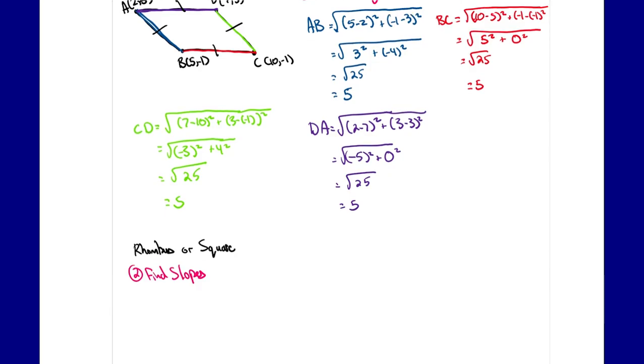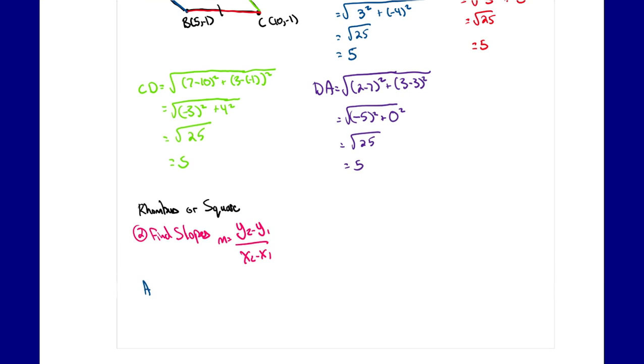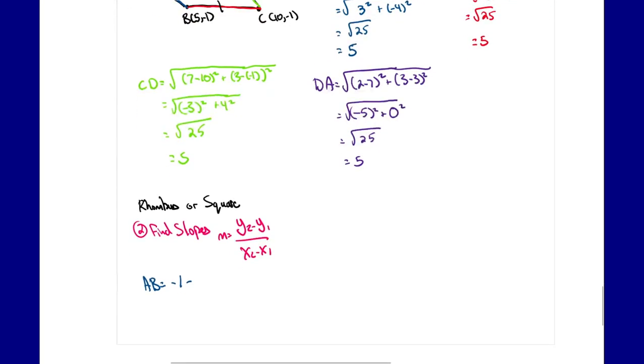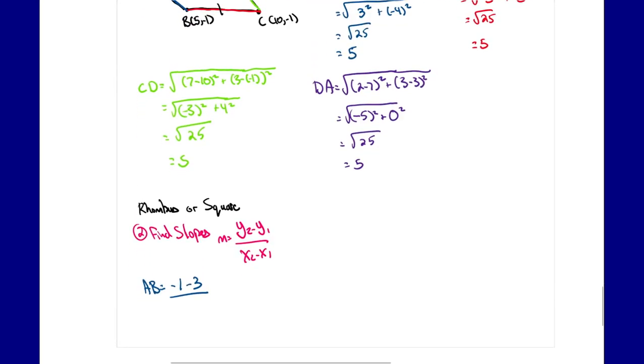Again, like I said, we're going to stick with the algebraic method, y2 minus y1 divided by x2 minus x1. We're going to do AB first. The slope of AB is equal to negative 1 minus 3 divided by 5 minus 2.